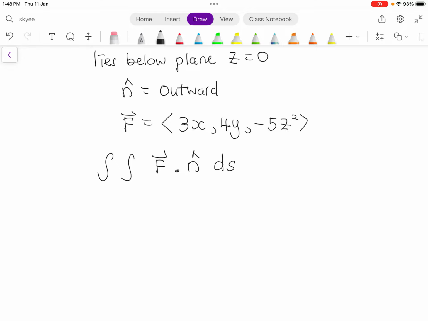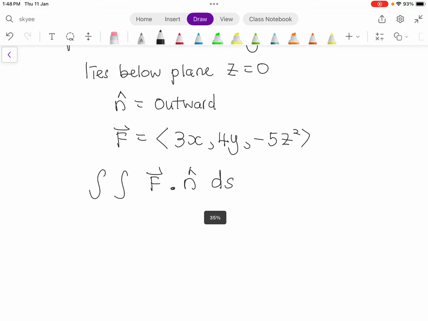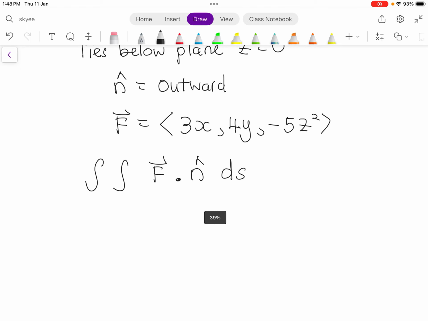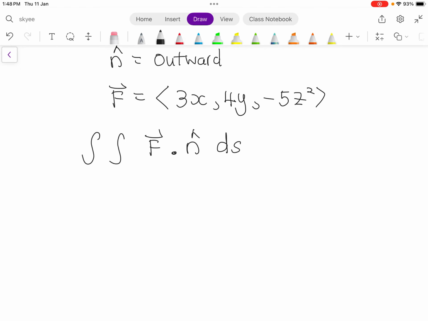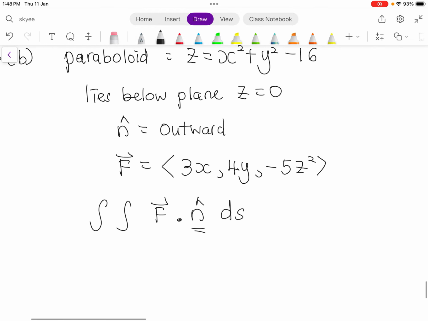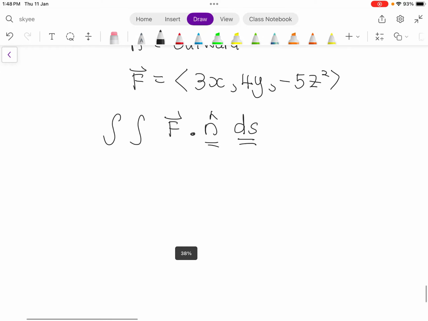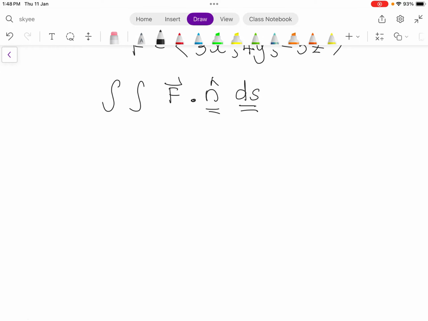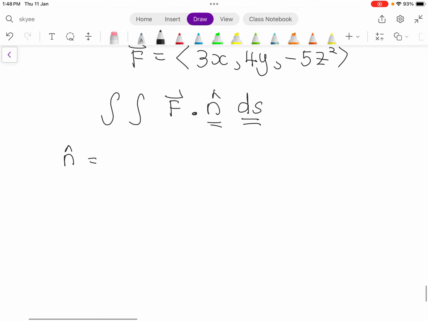We need to identify what n is and what the shape is, because later on we need to define dA. Let's look at n first. This is a unit normal vector, and if it is outward, the equation will be this one.